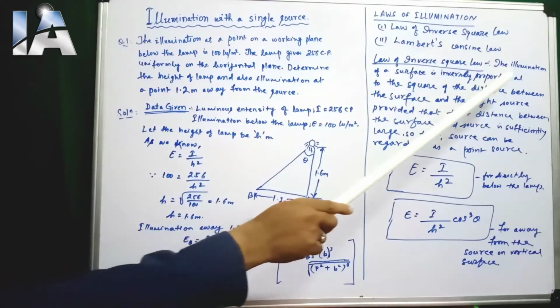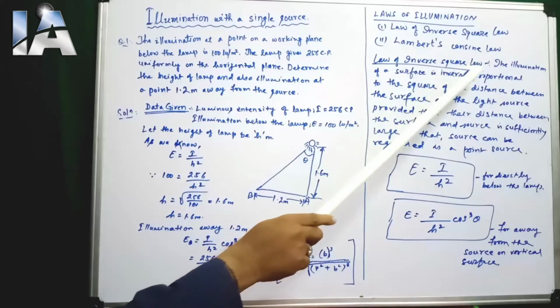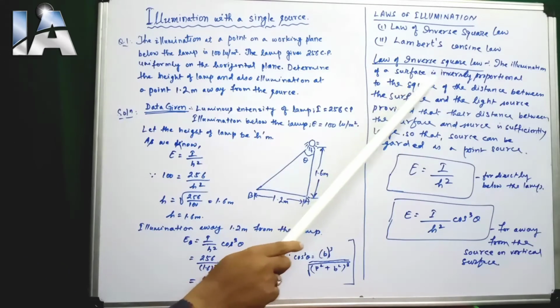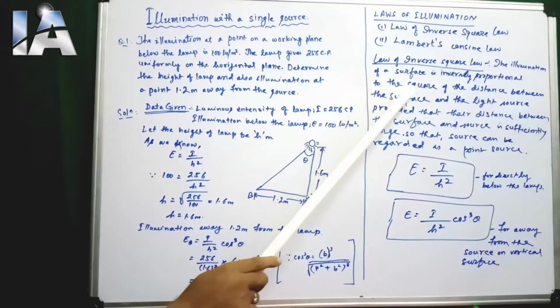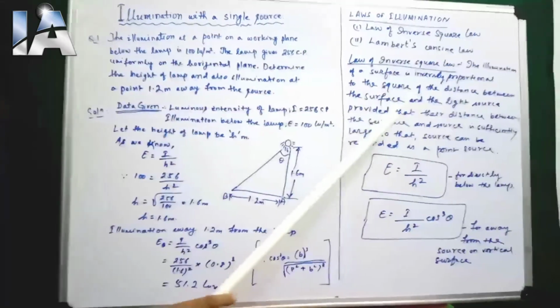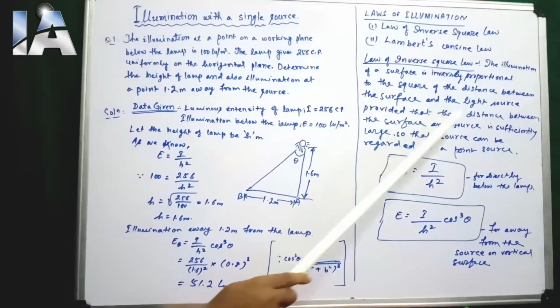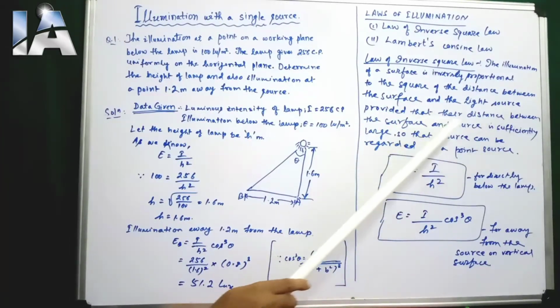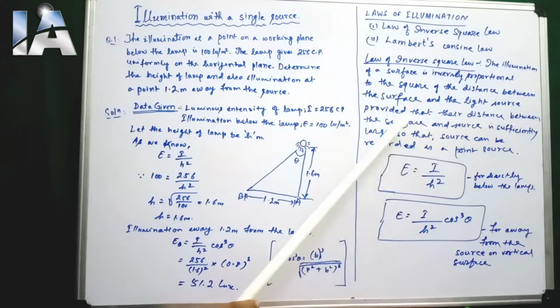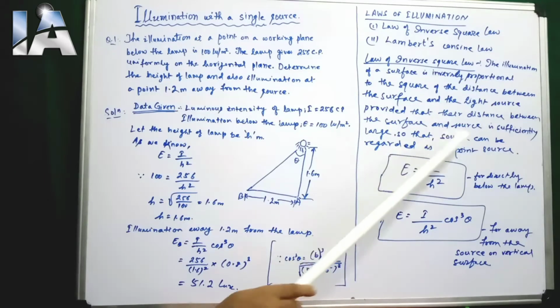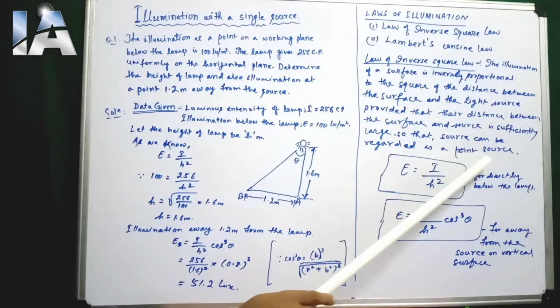The inverse square law states that the illumination of a surface is inversely proportional to the square of the distance between the surface and the light source, provided that the distance between the surface and the source is sufficiently large so that the source can be regarded as a point source.